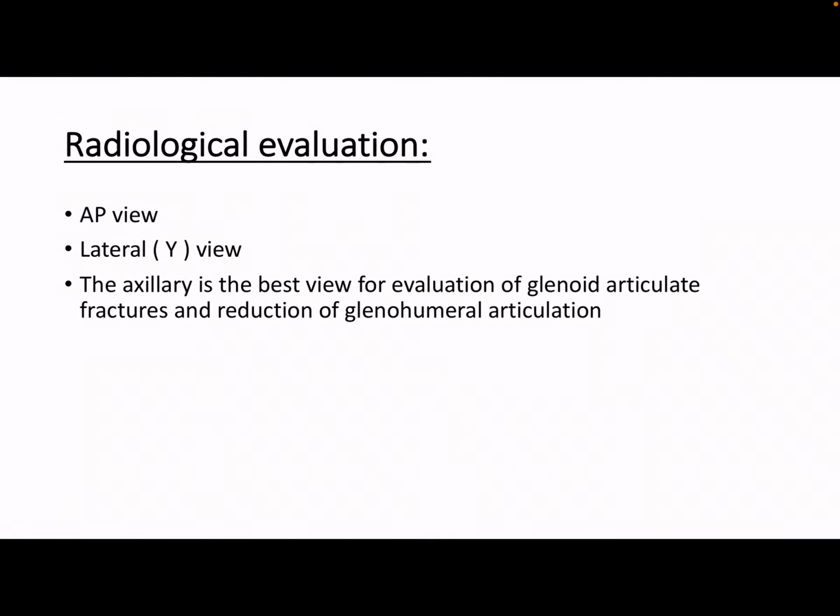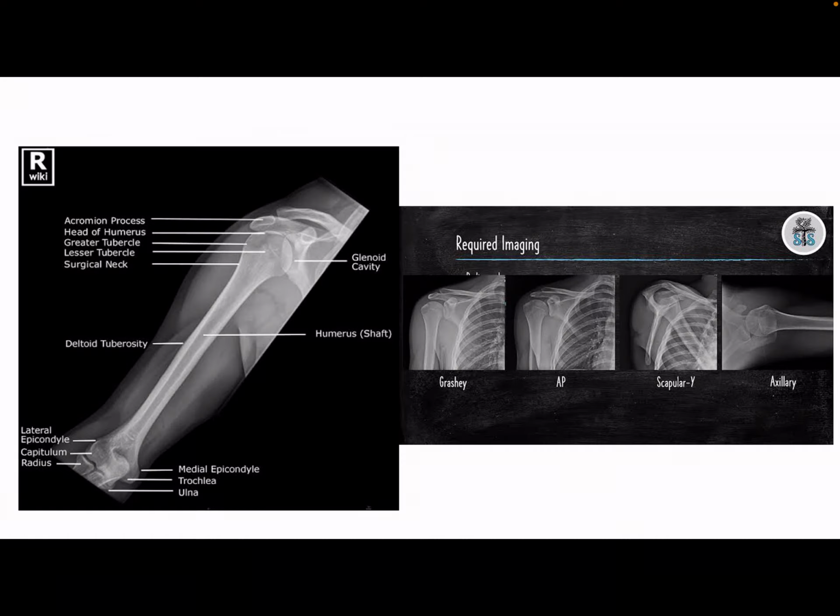Then you are going to do the radiological evaluation. You see the anteroposterior view, the lateral view, and the axillary view. The axillary view is the best view for evaluation of glenoid articular fractures and reduction of the glenohumeral articulation. Just see this diagram. This X-ray shows the head of the humerus, the anatomical neck, the surgical neck, the greater tubercle, and the lesser tubercle.